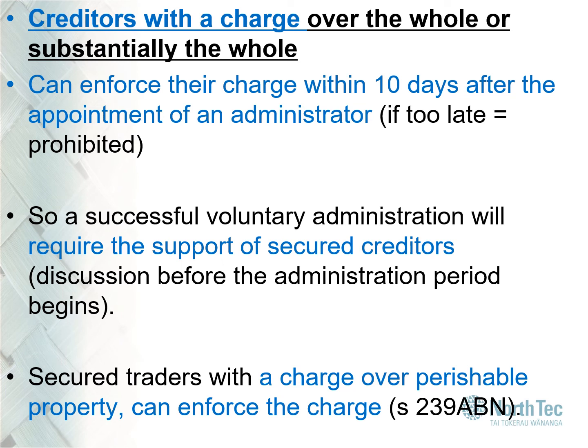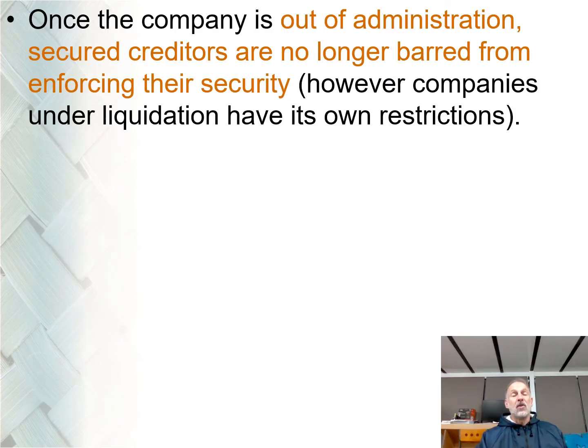But without their support, you won't make it. Secured creditors with a charge over perishable property can enforce the charge. So remember, during the administration phase, these creditors are restricted from basically exercising their rights. But once the company is out of administration, secured creditors are no longer barred from enforcing their security.